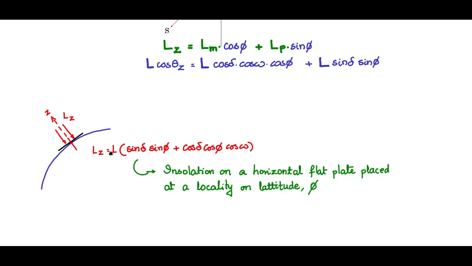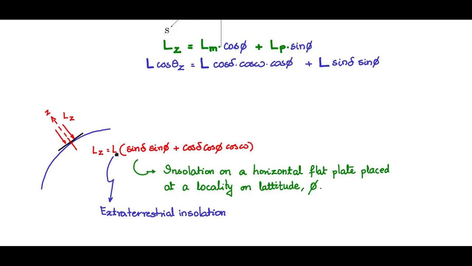Now this L is called the extraterrestrial insolation in kilowatt per meter square. This is basically the insolation at the Earth's outermost atmosphere, that is outside the Earth's outermost atmosphere.